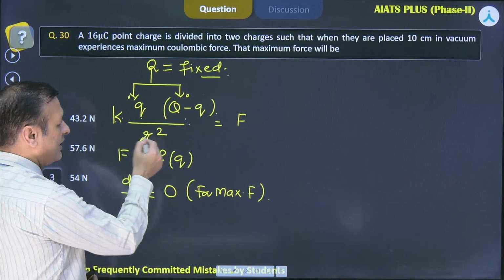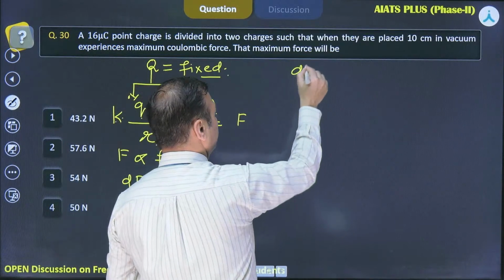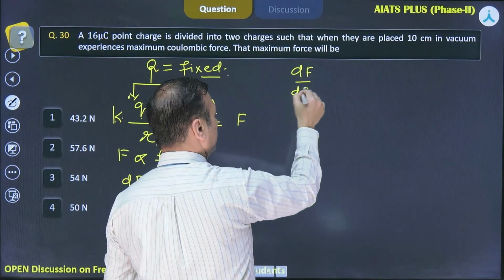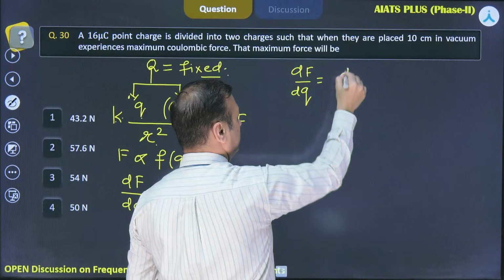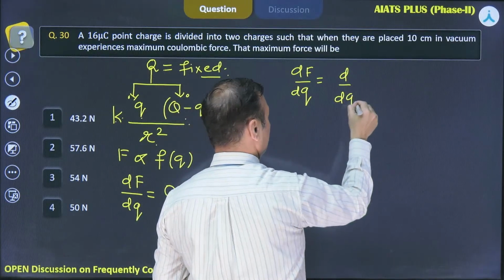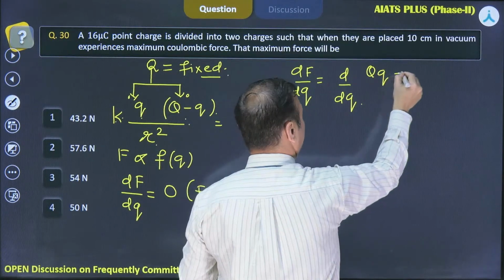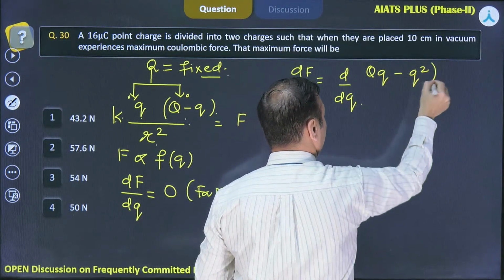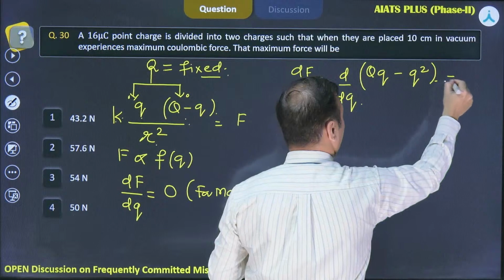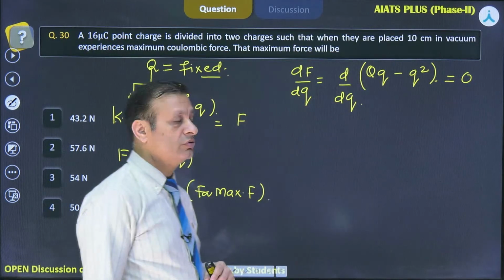So this k and r being constant, dF by dq is like Q times q minus q square, and we need to put it as 0.